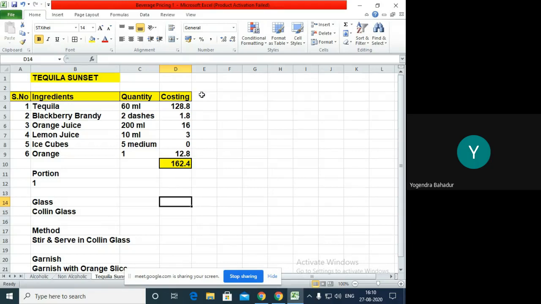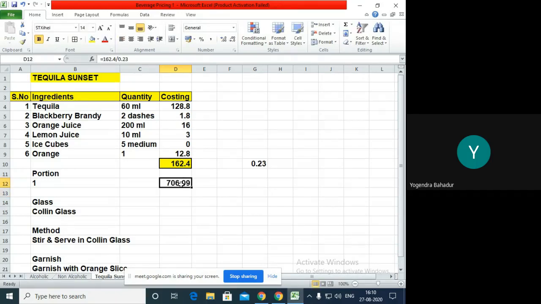So moving to the costing part, the cost is coming around 162.4, and again we'll have to find out its pricing. In order to find its price, if we consider the beverage cost to be 23%, then in terms of a decimal 23 divided by 100 is 0.23, and its pricing will be equal to 162.4 divided by 0.23.